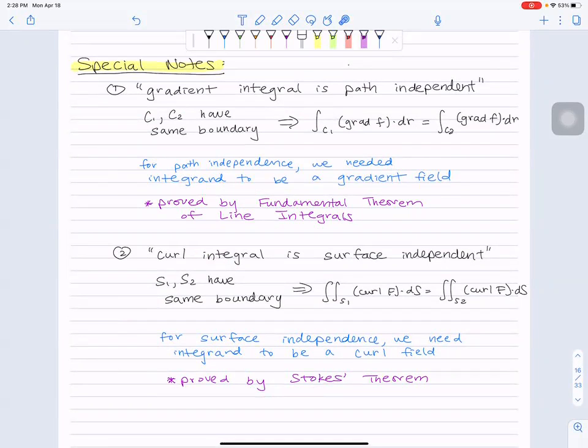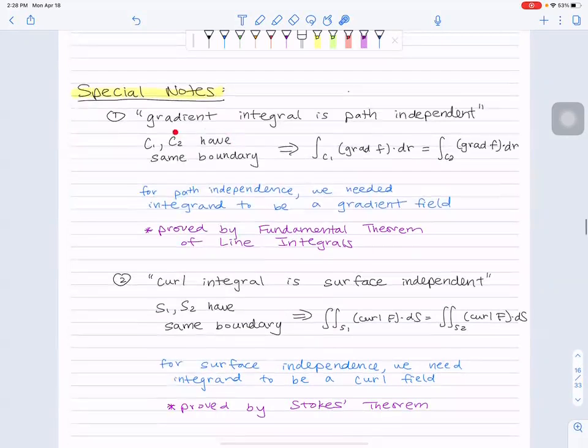Yes. Like the same curve. Yeah, that's the point. It doesn't matter what curve you have, the integral is going to be the same as long as you have a gradient. This is a separate part. Oh, this is like if they have the same boundary.